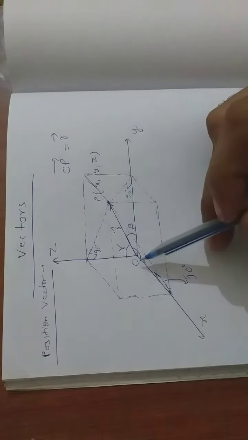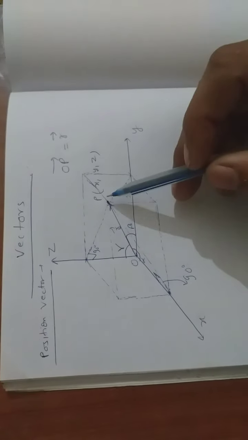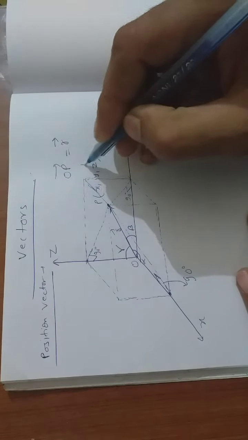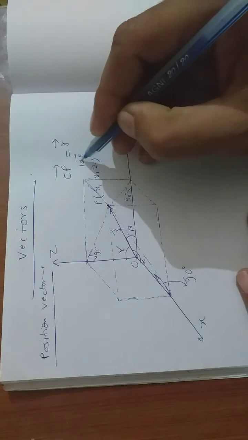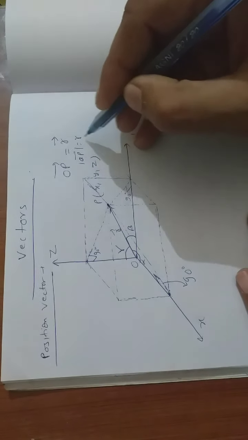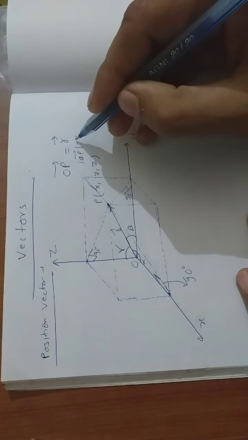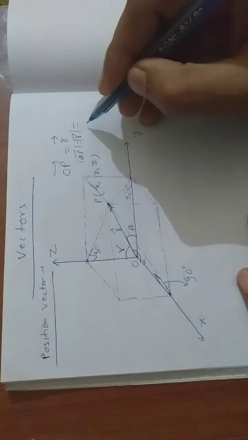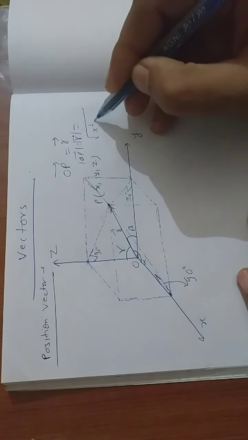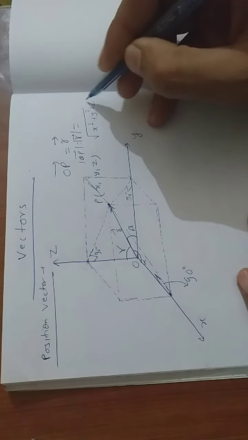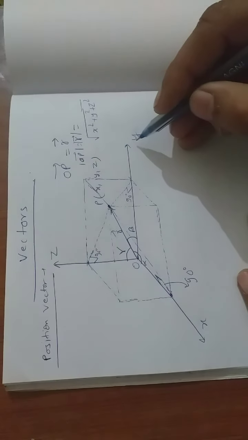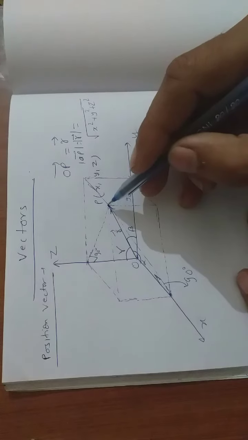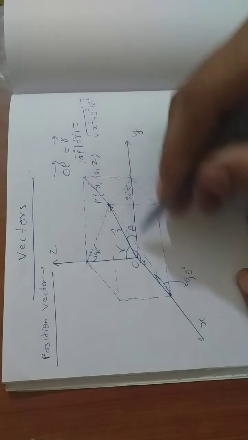By applying the same formula, mod of vector OP equals r, which is equal to the square root of x square plus y square plus z square. This is the length or magnitude of vector OP.